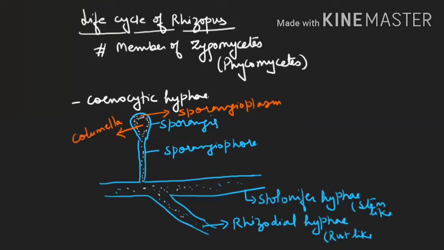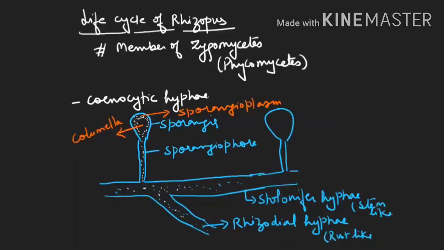Let me draw once again one stolonifer hypha and this one sporangiophore, so that you can understand easily. This is the second diagram, just to make you learn how things are going.